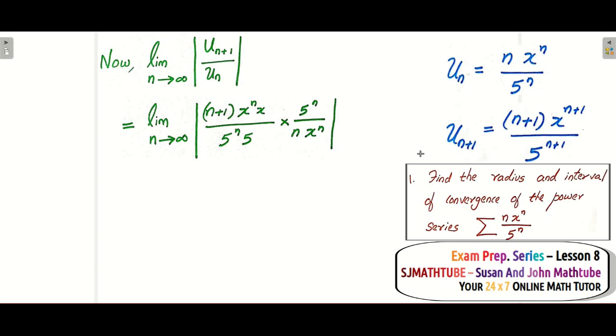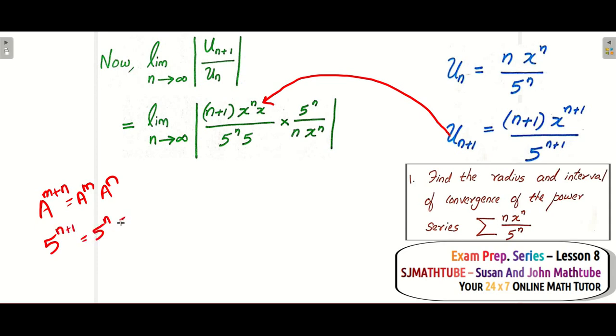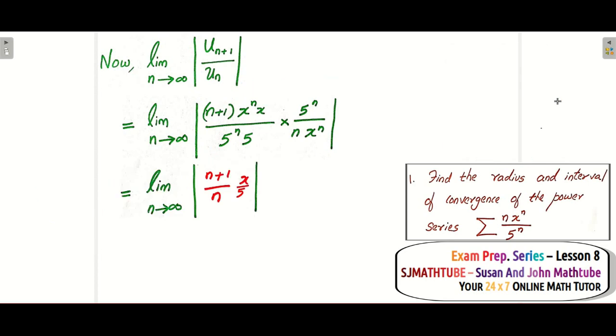I'm going to plug in the values of un plus 1 and un, and I'm sure you know a power m plus n is a power m into a power n. So 5 to the power n plus 1 will split and become 5 power n into 5, and the same story goes for x power n plus 1. Now let's cancel a few terms and you will end up with n plus 1 by n.